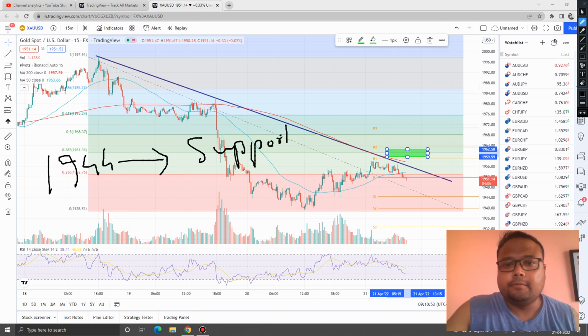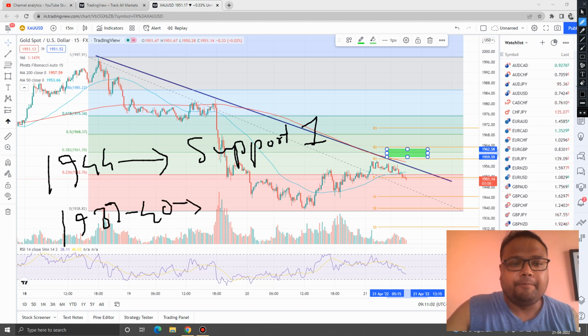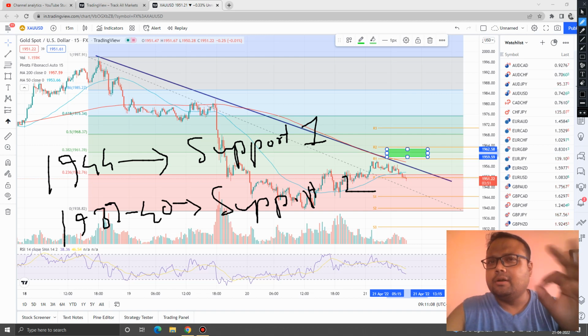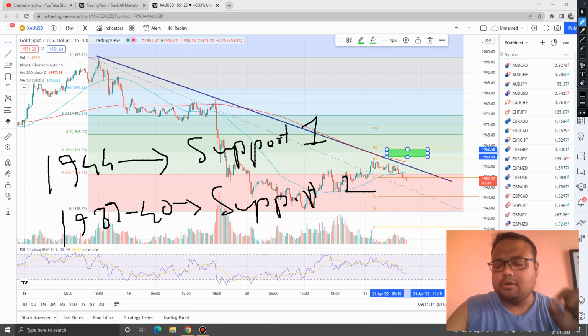Support 1, but not strong, not very reliable. So be careful. 1939 to 1940, support 2, kind of okay, but only take a buy position if market bounces or if market shows price rejection from below.